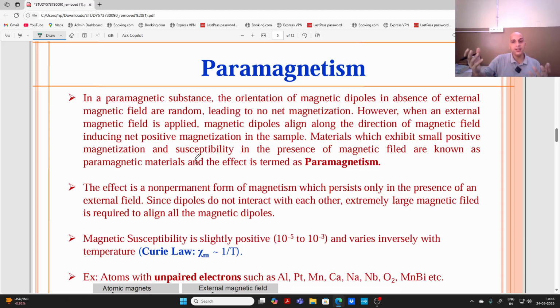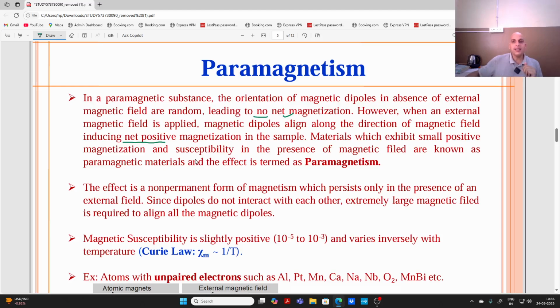So when they are oriented in random directions, their net magnetic dipole moment is equal to 0 when no magnetic field is applied. You can see here, in a paramagnetic substance, the orientations of the magnetic dipoles in the absence of an external magnetic field are random, leading to net magnetization of 0. But when we apply an external magnetic field, these dipoles start aligning in the direction of the magnetic field, and we get a net positive magnetization, meaning the material will get weakly attracted toward the magnetic field.